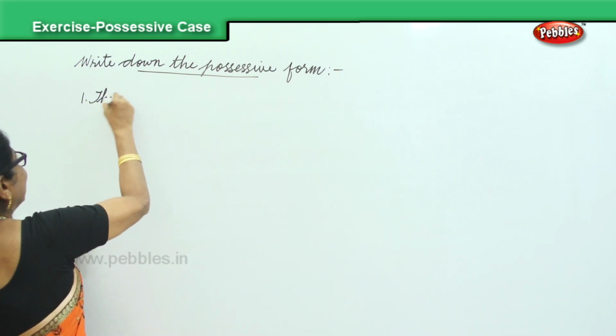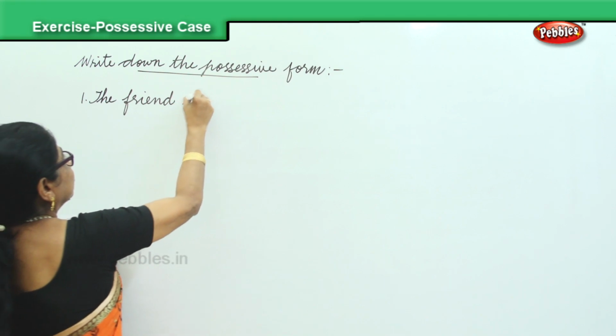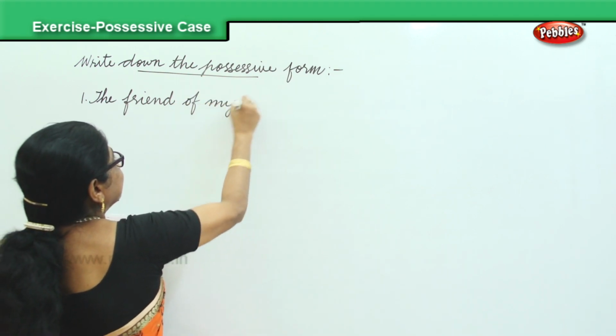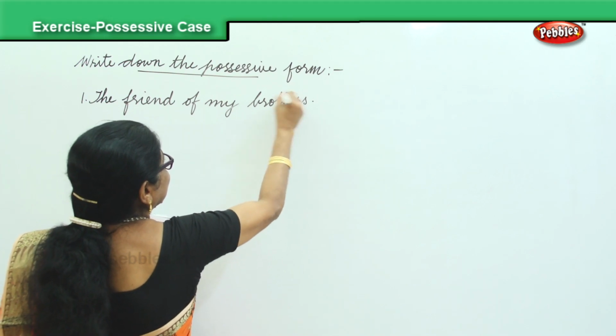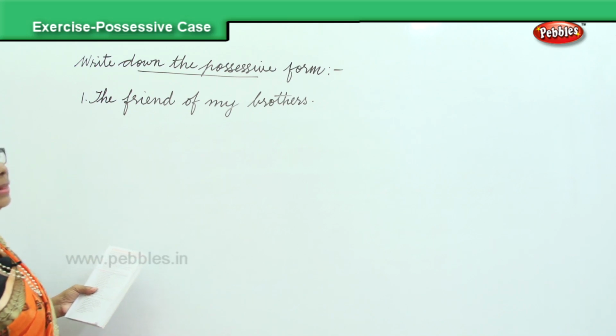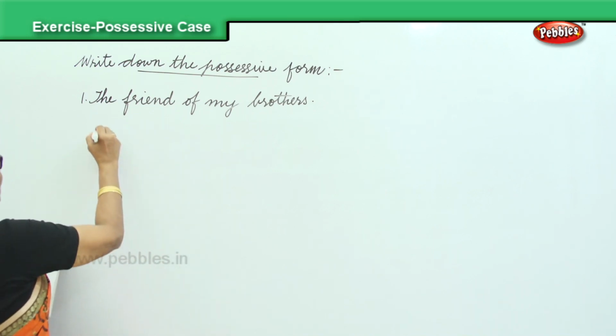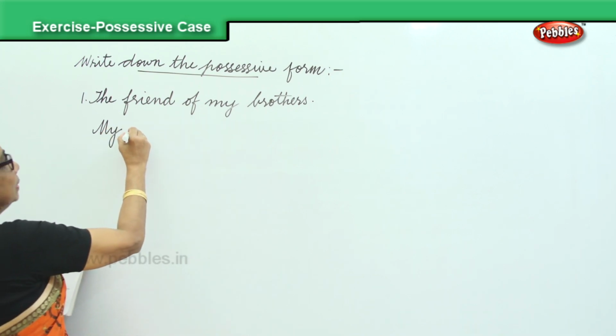How will you write? The friend of my brother. What's the other way of saying? My brother's friend.